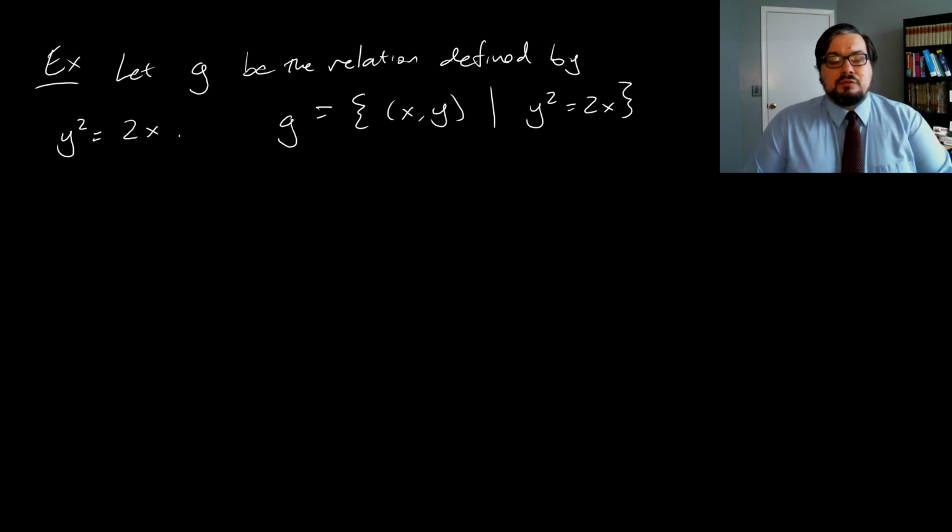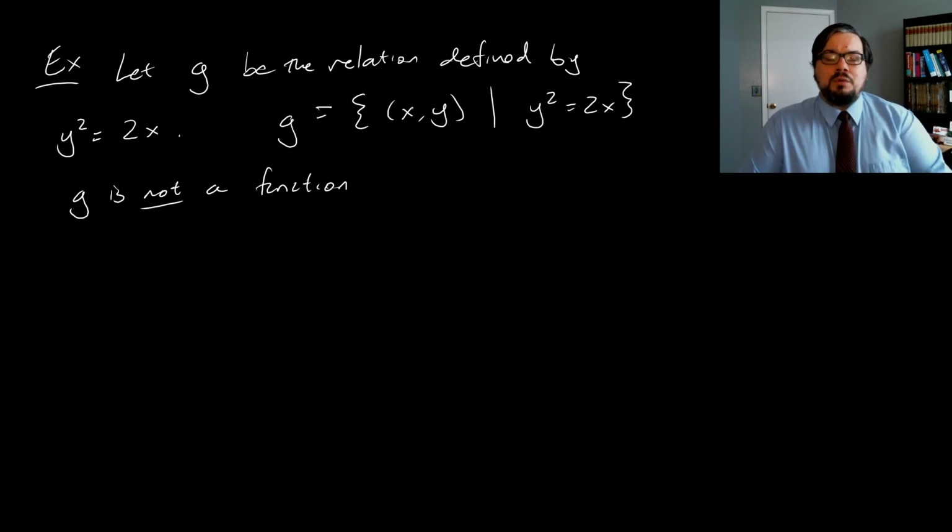This relation here, as it turns out, is not a function. G is not a function. Now, the only way, really, to show that a relation is not a function is to show that you have two separate pairs that belong to the relation that have the same first entry, the same input, but different outputs, different second entries.